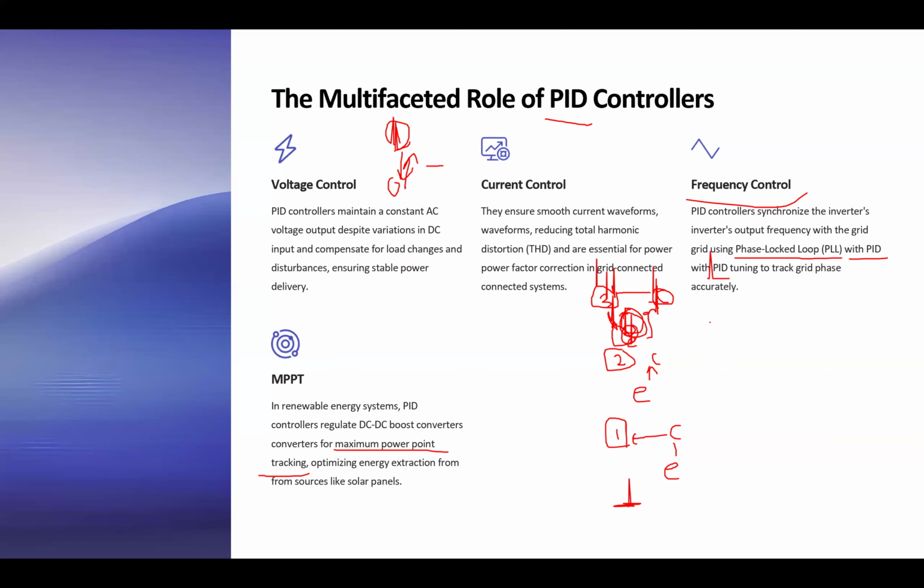So when we talk about the PLL and how we discuss that from a control perspective, you could consider a PLL as a PID control system. It doesn't matter what parameters you use.